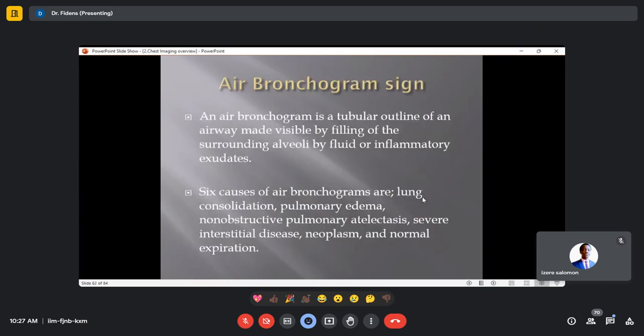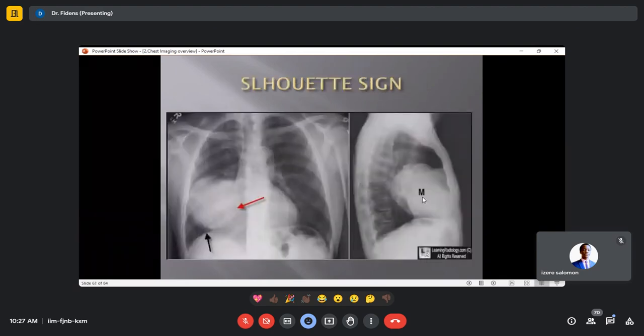So another sign then, air bronchogram sign. Who knows? Yeah, but it told us it's like air in the hilum of the lungs.